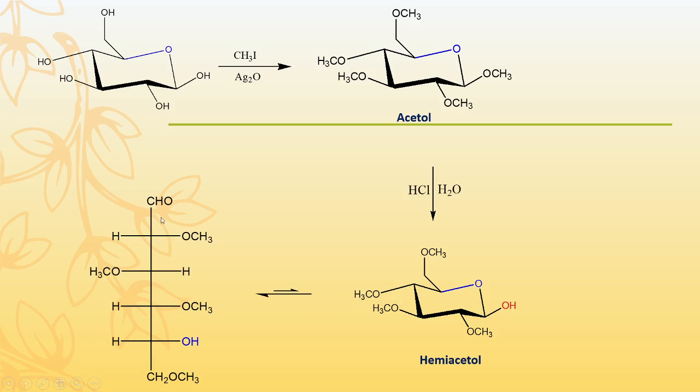From the open chain form we can determine the ring size from this anomeric carbon. Here it is an OH group, and from this we can determine that this is a 6-member cyclic sugar. So we can determine the size of this carbohydrate from this reaction.